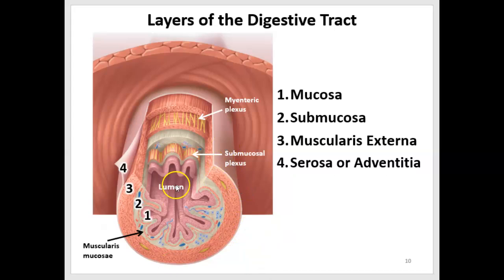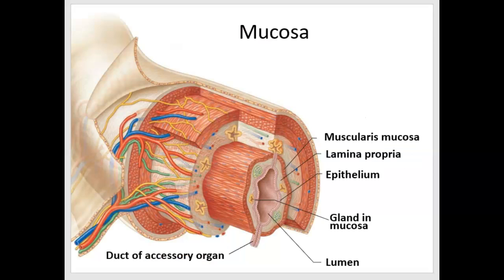So now we're going to look at each one of these layers and talk about what tissue is present in those layers. The mucosa, our deepest layer, or the layer that lines the lumen, is composed of epithelial tissue. It varies from stratified squamous in the oral cavity and the esophagus to simple columnar in the stomach and the small intestine. A layer of loose connective tissue also exists in this area.